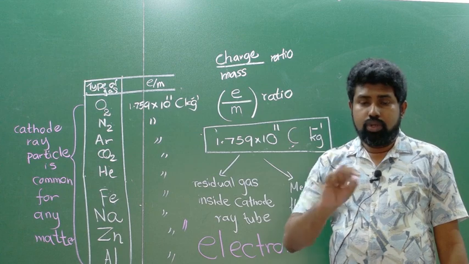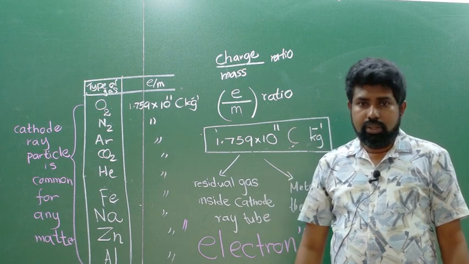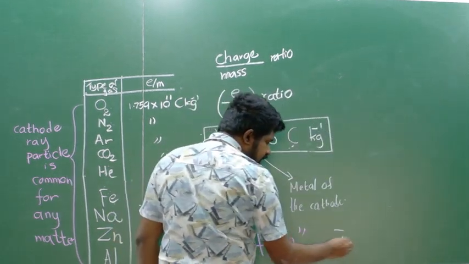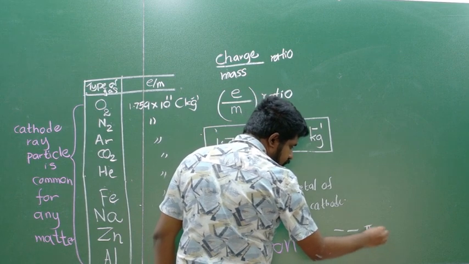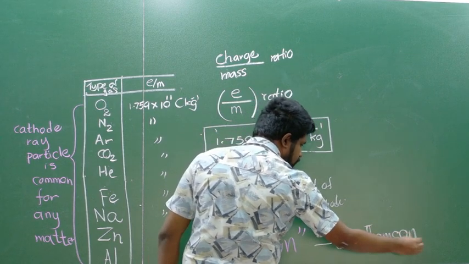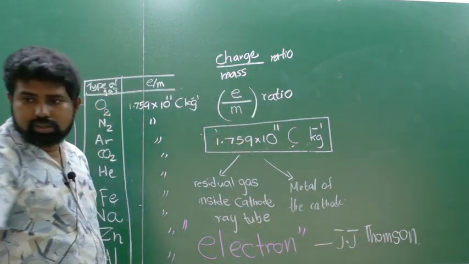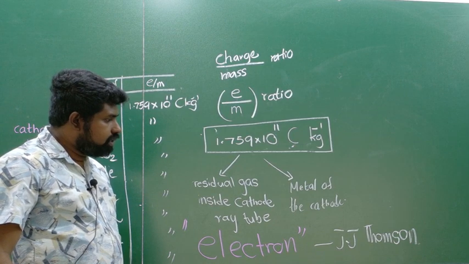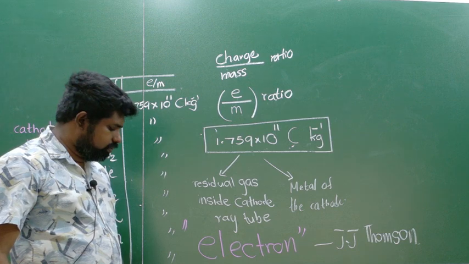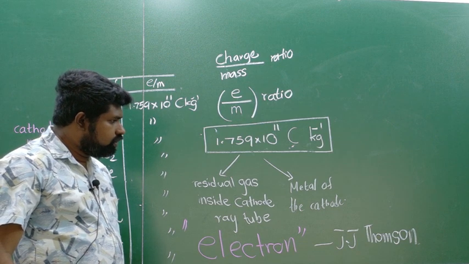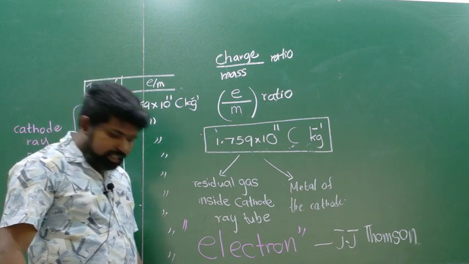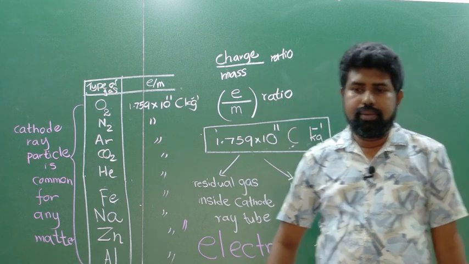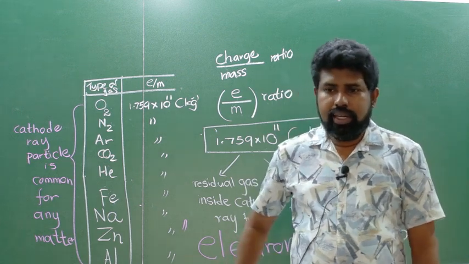Highlight the word Thomson, electron. So electrons were discovered by J.J. Thomson. He discovered the electrons. Clear? It's very clear.